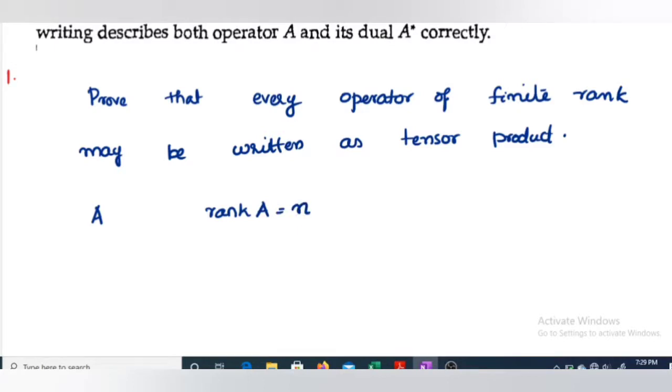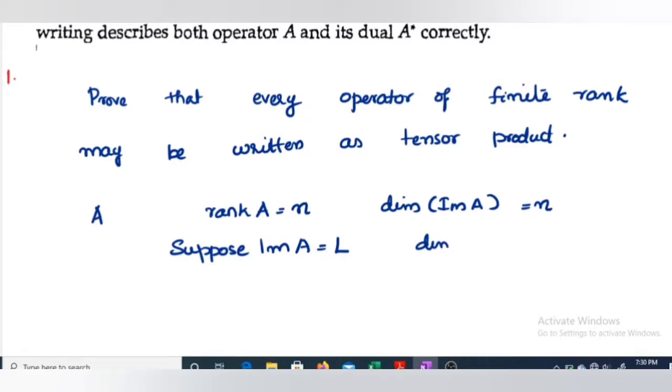Now what is the meaning of that? We can say dimension of image of A equal to n. Suppose image of A is equal to L. So dimension of L is equal to n. So what about basis of L?